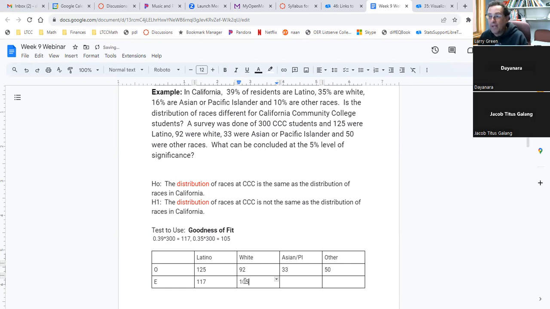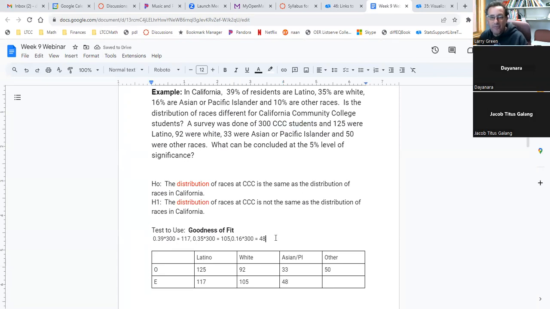And that's the expected for whites. Okay, next, we are told that 16% are Asian or Pacific Islanders. So then we're going to take 0.16 times 300. And that's 48. So our expected for Asian Pacific Islanders is 48.